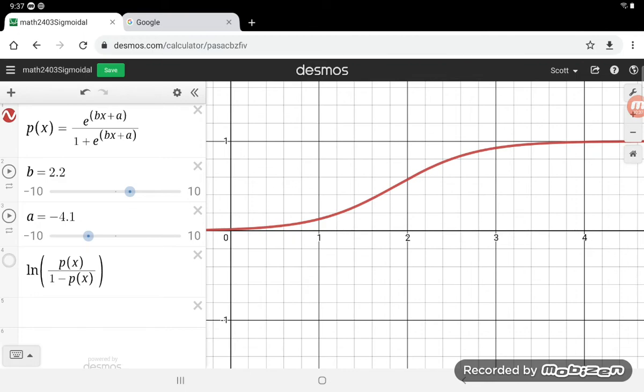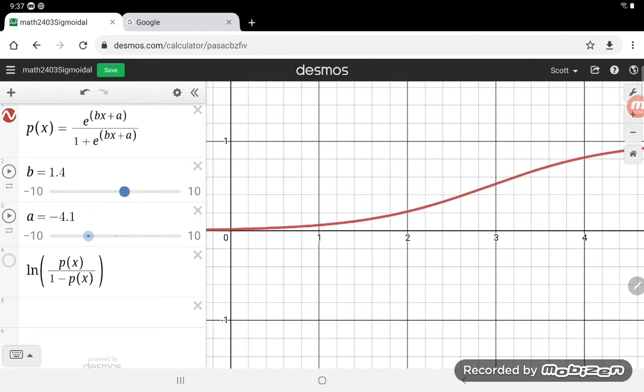I guess I probably skipped ahead a little bit in that. We would like to find A and B, which look a lot like linear regression, right? Except they're in that exponential. And notice that as we change A and B, we change the basic shape of that sigmoid.